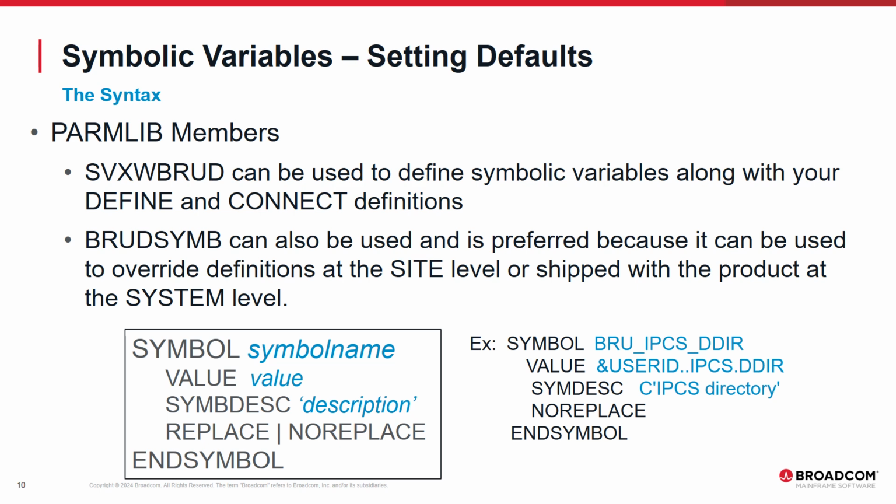This variable is used on the IPCS utilities to identify your IPCS dump directory. We ship the default value of your user ID followed by the IPCS node followed by the last node of DDIR. If your dump directory does not follow this pattern, you can place a symbol statement in your BRUD SYMB ParmLib member to override the shipped version.